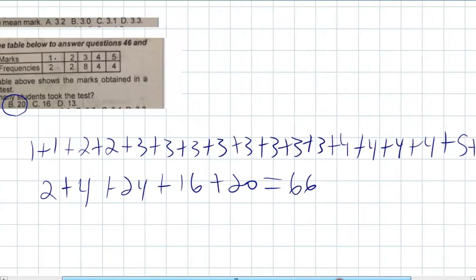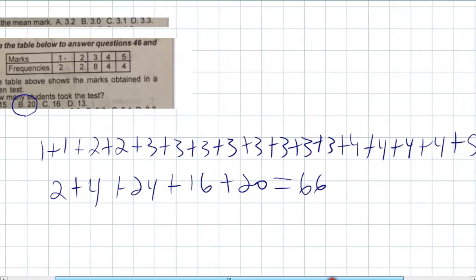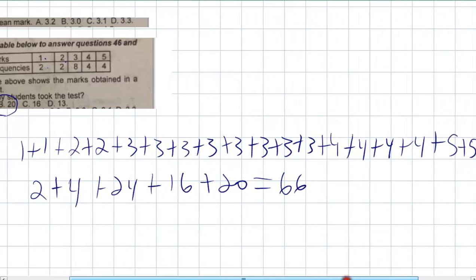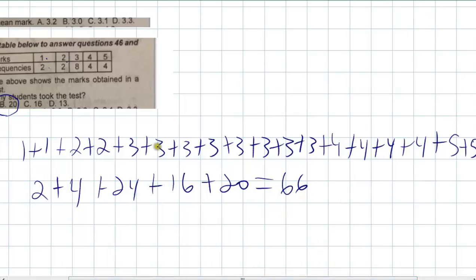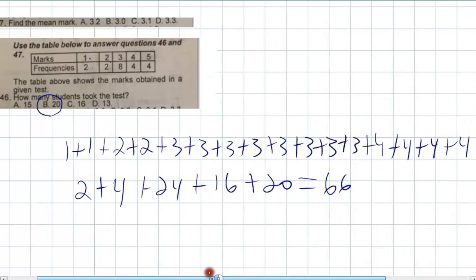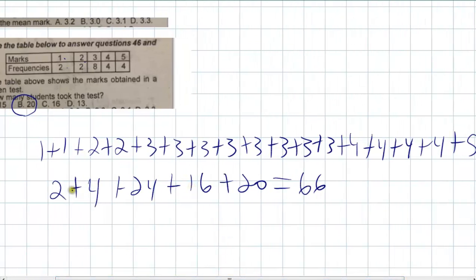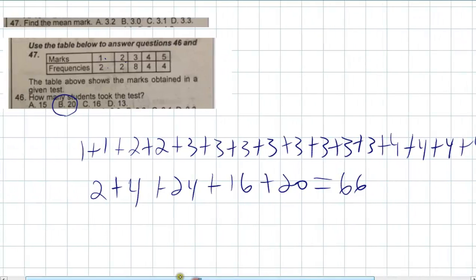And so the number of appearances of each mark, or the sum of all the appearances of each mark, I should say. So the sum of all of this, not necessarily of the numbers added, but how many numbers are here, is the same as saying how many students took the test. So what I mean by that is, if we were to count every number right here, we would find that the number is 20.